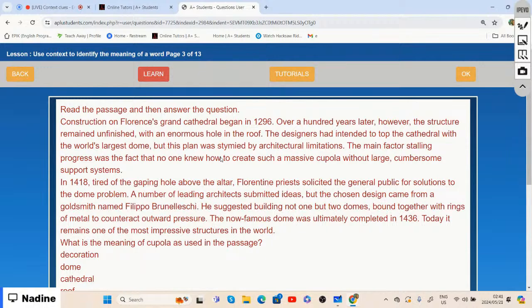In 1418, tired of the gaping hole above the altar, Florentine priests solicited the general public for solutions to the dome problem. A number of leading architects submitted ideas, but the chosen design came from a goldsmith named Filippo Brunelleschi. He suggested building not only one but two domes bound together with rings of metal.